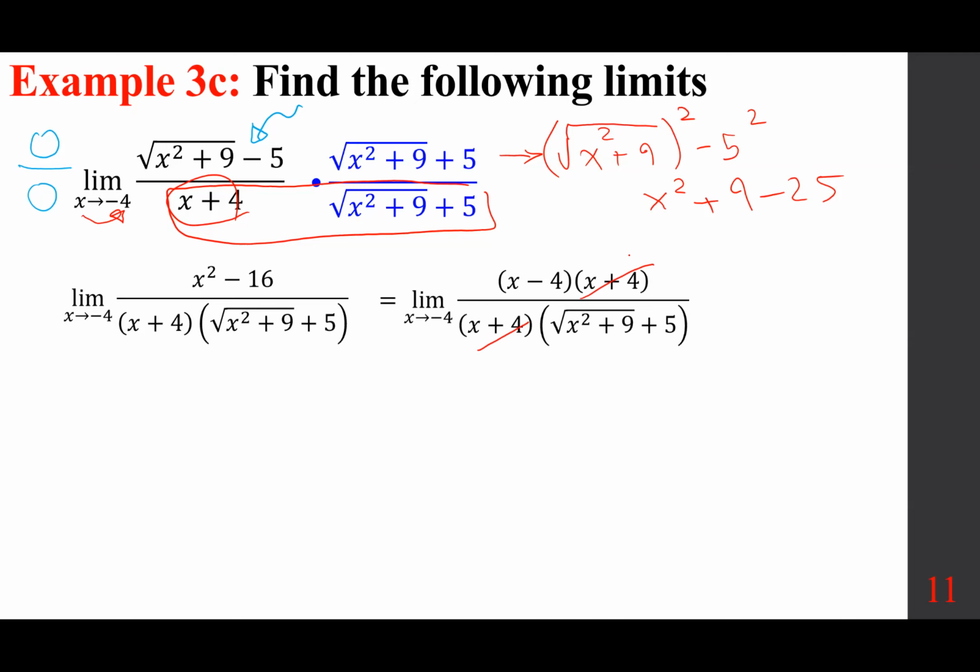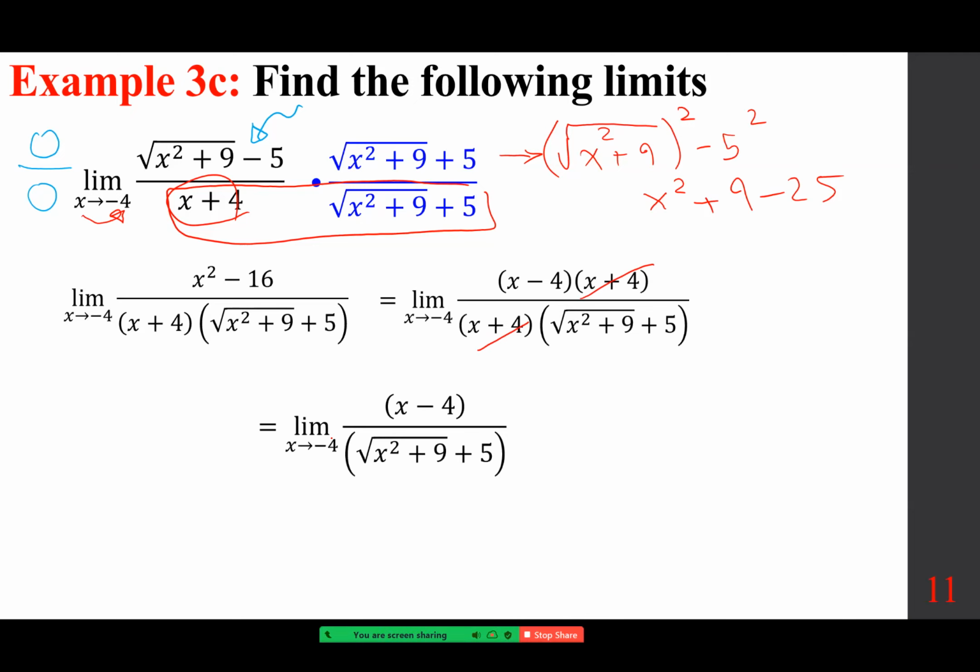So we write the rest of them. And again, notice in every step we are keeping the limit until we replace the x.